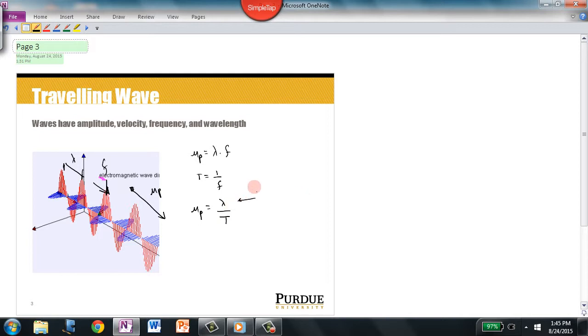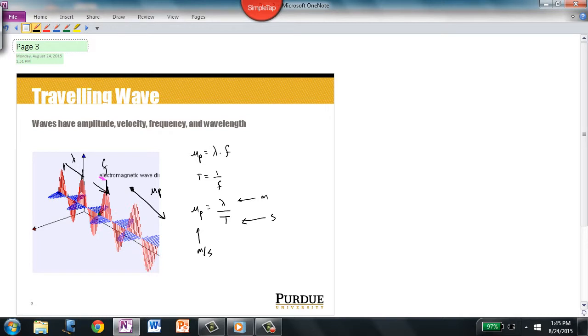That's in meters, period is in seconds, so you get your units of meters per second there. So this is showing an electromagnetic wave moving from the left-hand side of the screen to the right-hand side of the screen.